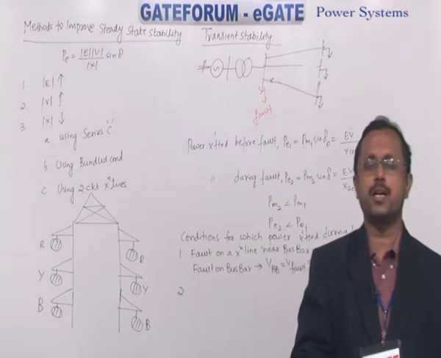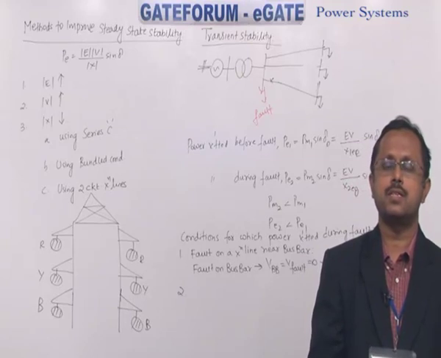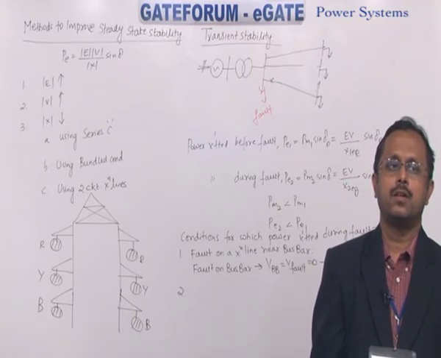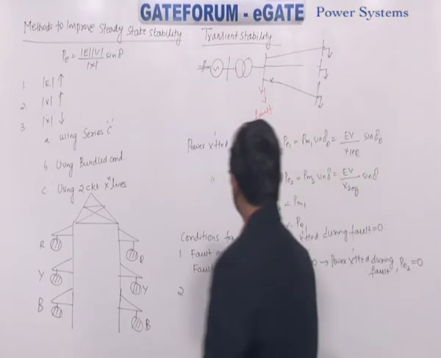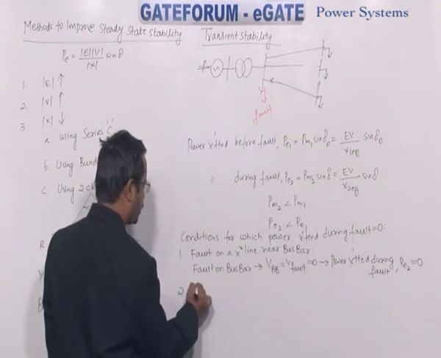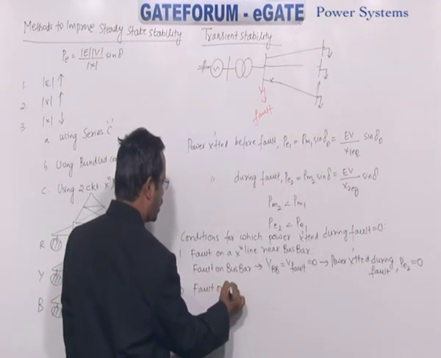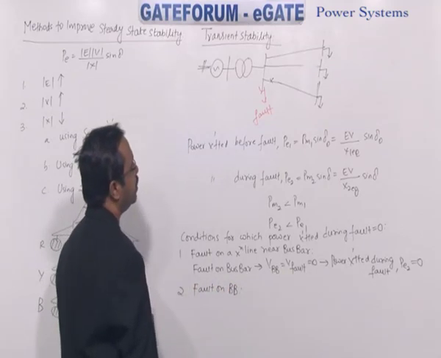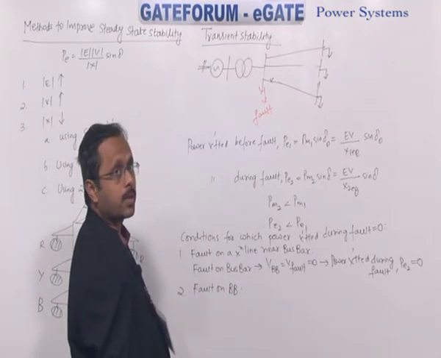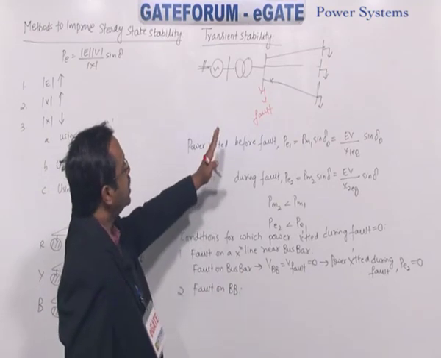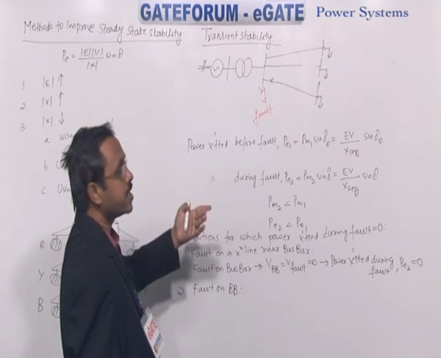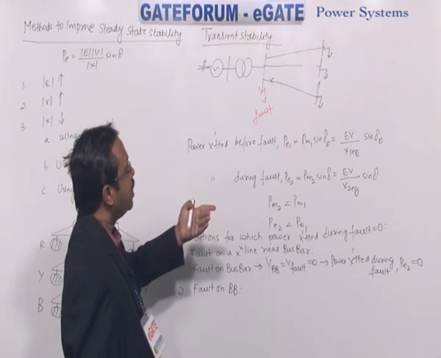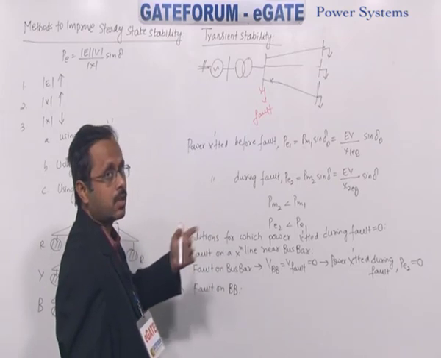The system is subjected to severe disturbance due to sudden and large changes in load demand. So second one is fault on the bus bar. When a fault occurs directly on the bus bar, there is a significant disturbance due to sudden and large changes in load demand.